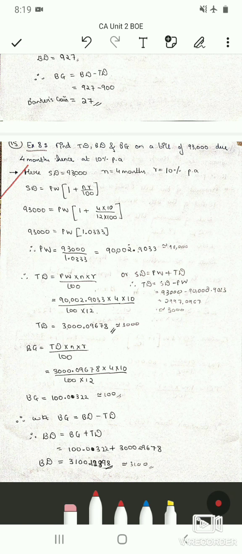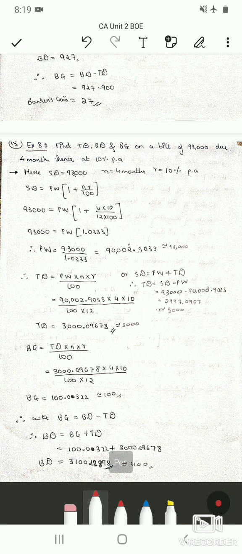They have asked to find true discount, banker's discount and banker's gain. Banker's gain will be easily obtained when you have banker's discount and true discount, because that is the difference between these two. So the first step is to find banker's discount and then true discount.